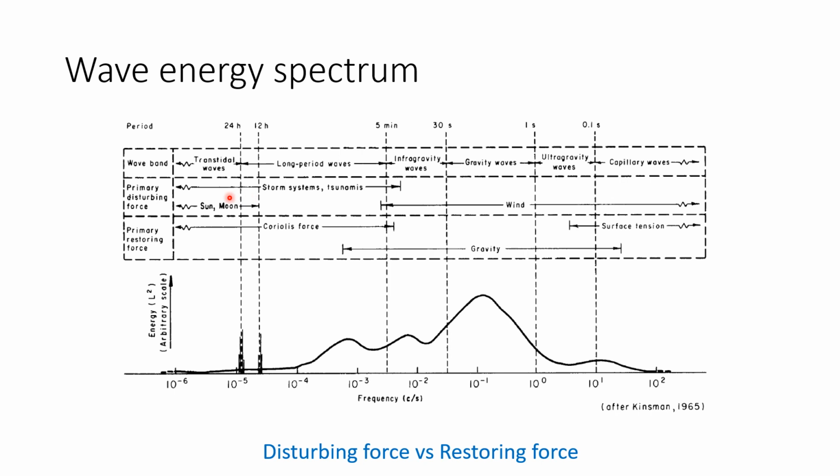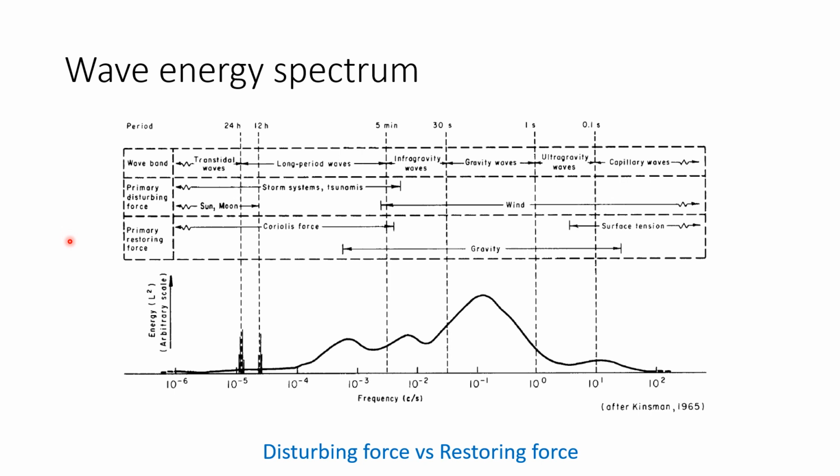Now, once the waves are generated by these disturbing forces, they will be restored in the sense that once the water level at the surface of the sea changes, it tends to want to return to its original position, and that is where the restoring force acts.